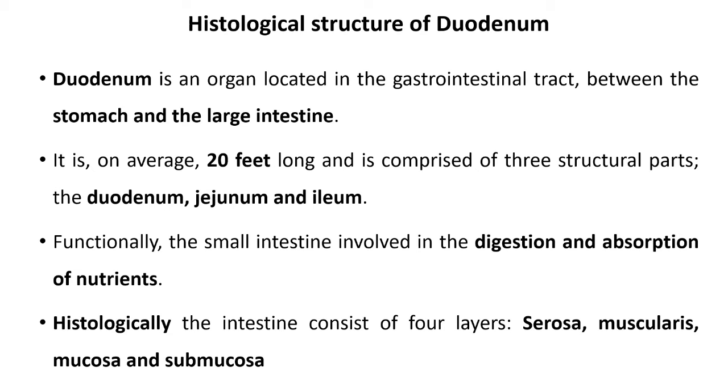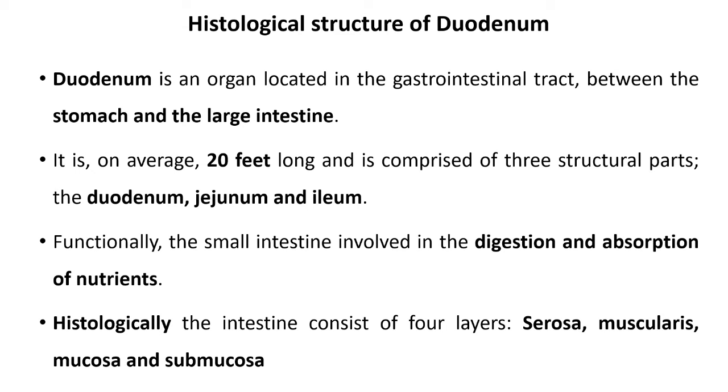Functionally, the small intestine has both functions, that is digestion as well as absorption. Whenever the glands secrete their secretions, they discharge into the lumen of the intestine. So a chemical reaction takes place and complete digestion of food takes place.